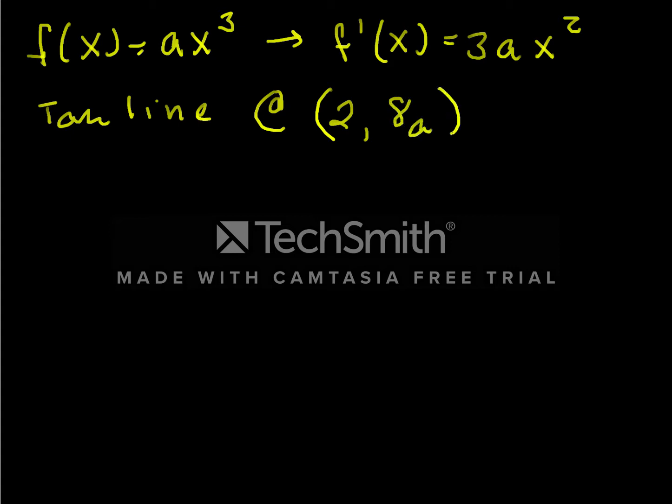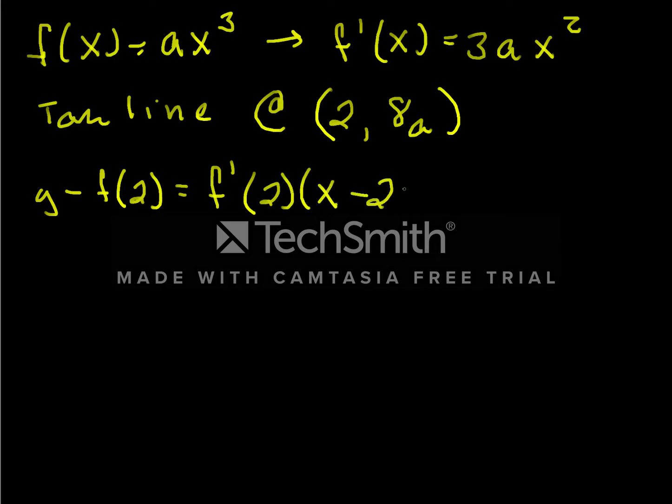So the tangent line at this point to our graph, our formula is y minus f of 2 is equal to f prime of 2 times x minus 2.